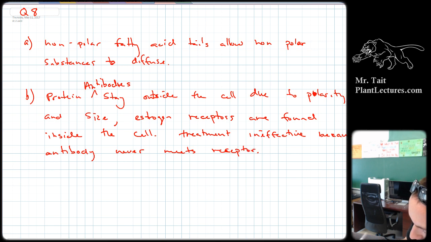Okay, so the estrogen receptors are on proteins, and proteins can't link to this, right? Estrogen receptors are on the proteins in the cell. They're probably located on the nucleus. They're bound to the nucleus. Okay, and then how do you know the polarity of the antibodies? Because they're made out of proteins.